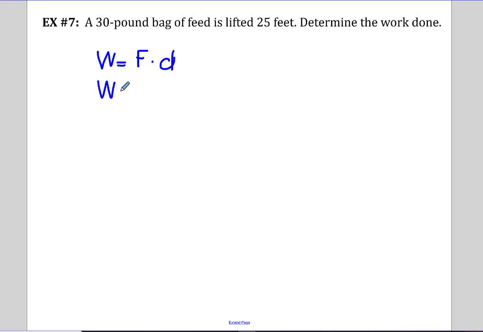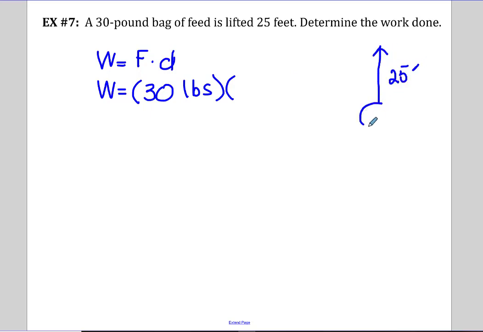We want the work. How much work, energy does it take to move a 30-pound bag of feed, and we're going to lift it 25 feet in the air. You notice that my angle is 90 degrees, and the sine of 90 is 1.